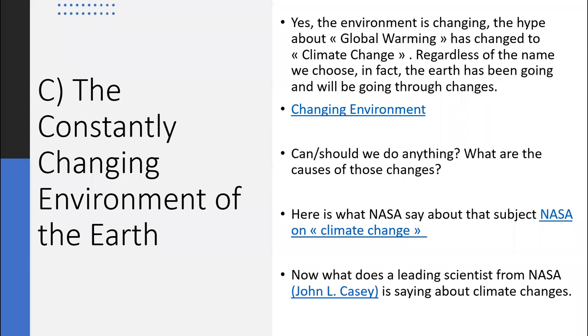The constantly changing environment of the Earth. Yes, the environment is changing. The hype about global warming has changed to climate change. Regardless of the name we choose, the Earth has been going and will be going through changes, right?